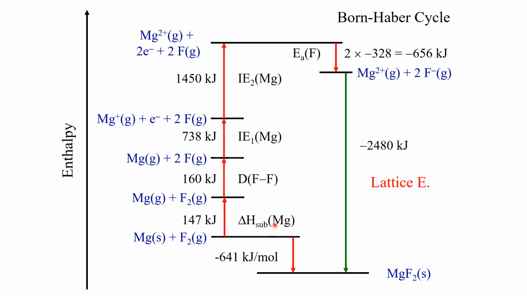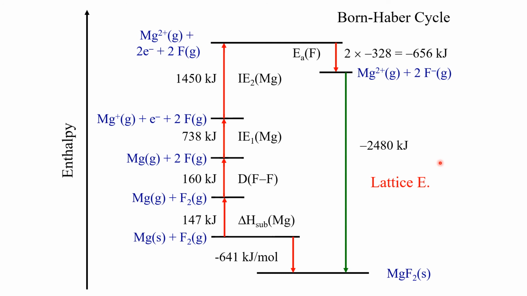So this 147 plus 160 plus 738 plus 1450 plus negative 656 plus negative 2480 equals negative 641. So all these steps together add up to this negative 641 kilojoules, and that's actually how we calculate the lattice energy to be negative 2480 kilojoules per mole of magnesium fluoride.